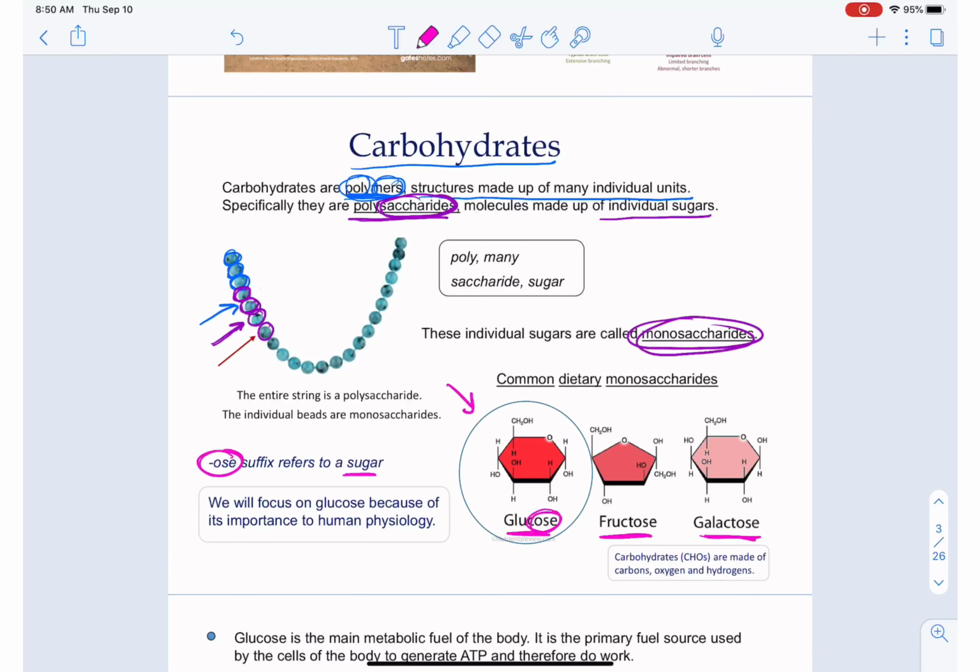Something else that they have in common, and that all carbohydrates have in common, is that they're made from carbon, oxygen, and hydrogen. And so commonly I'll abbreviate carbohydrates as CHOs because they're made of carbons, hydrogens, and oxygens. But out of these three dietary monosaccharides, glucose is by far the most important to human physiology. And so we're going to spend our time talking about glucose.